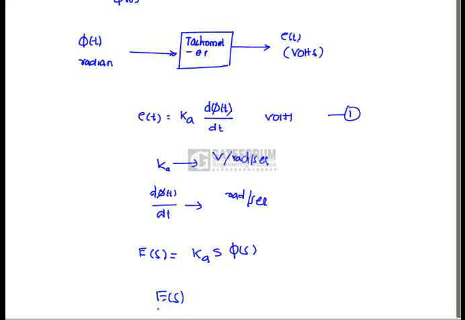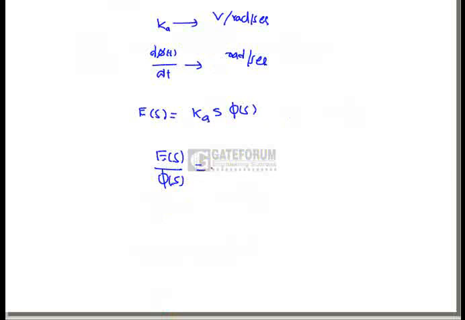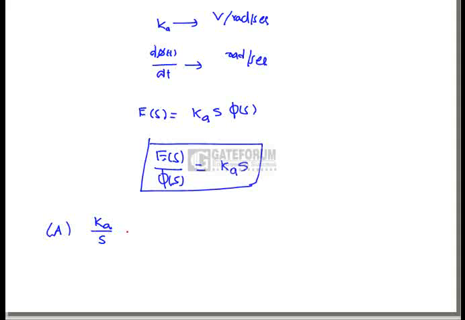So E of s by theta of s equals Ka into s, which is the transfer function of a tachometer. Hence the option D is true.